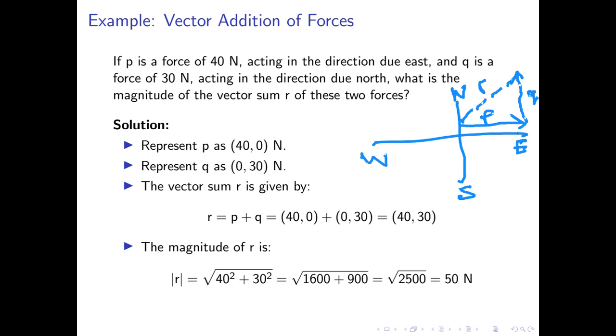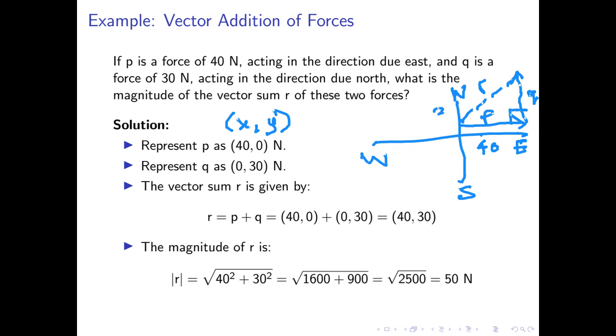When you have coordinates, you have x and y. I believe you still remember that. So 40 is on the x-axis, 0 is on the y-axis. And then we also have Q to be 0 on the x-axis, 30 on the y-axis.